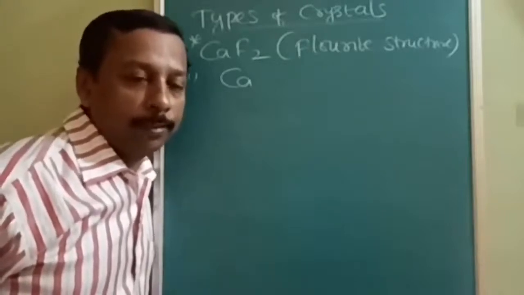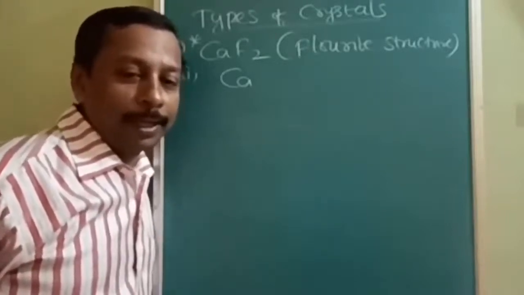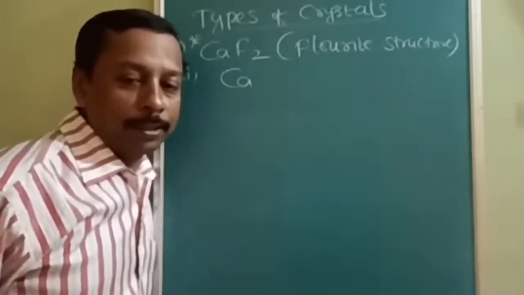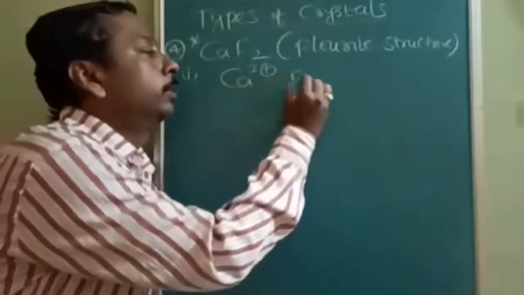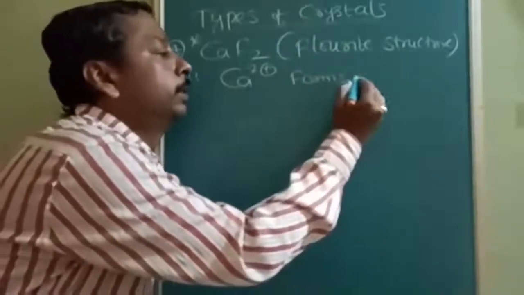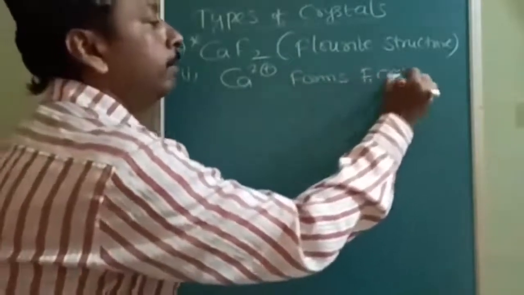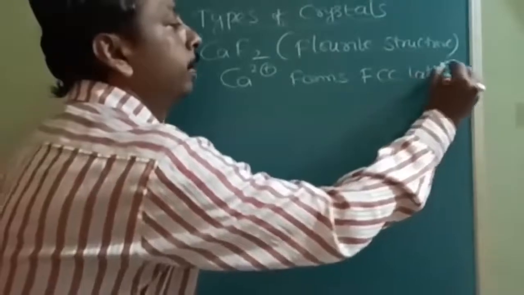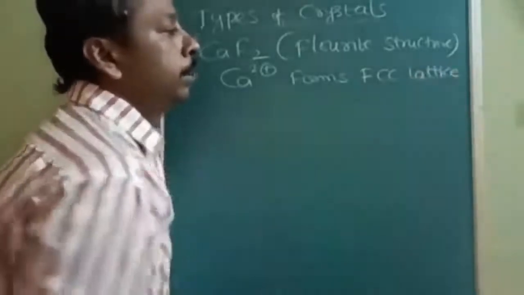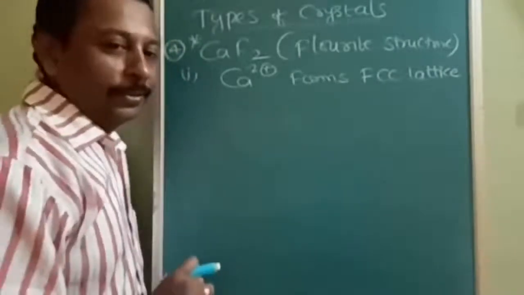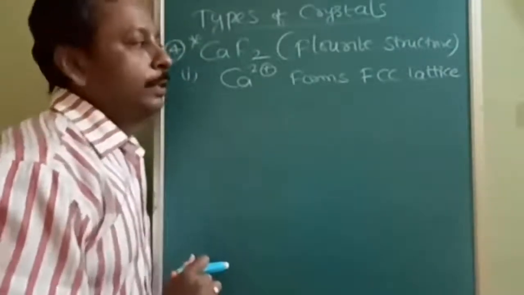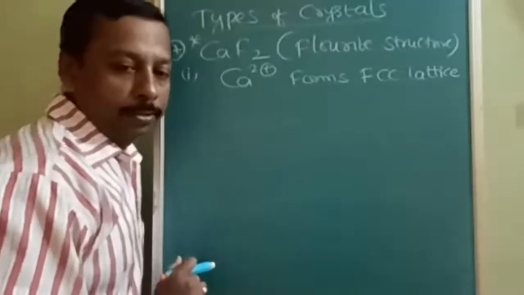For the first time in history, Ca2 plus occupies the lattice. Ca2 plus forms an FCC lattice. First thing, is it understood?